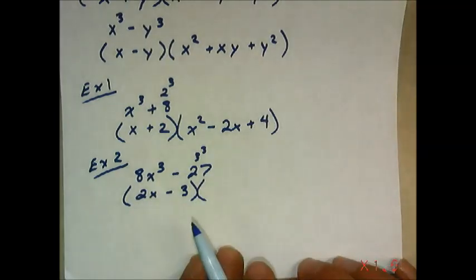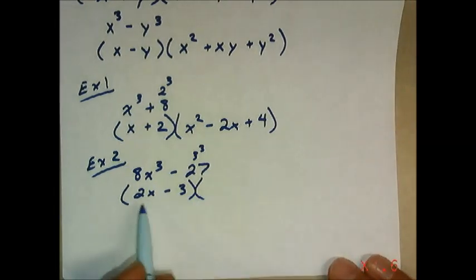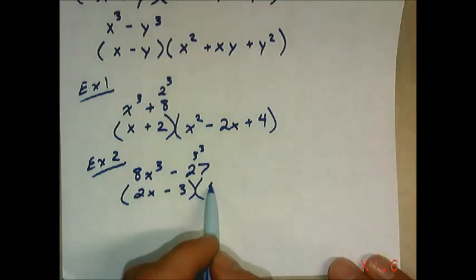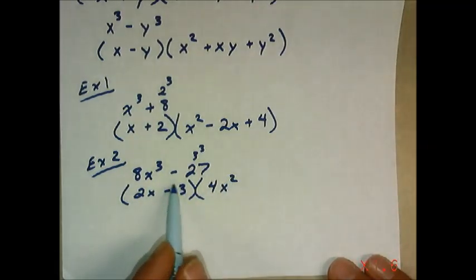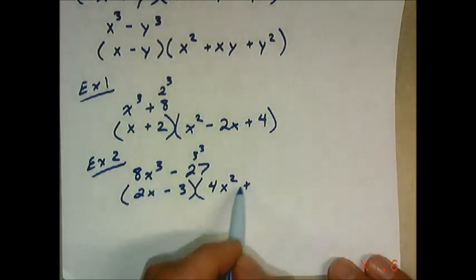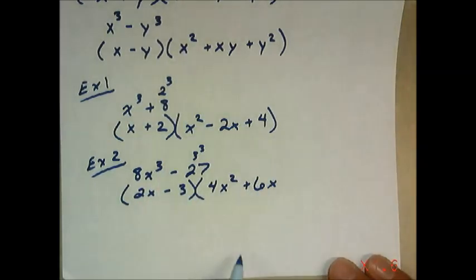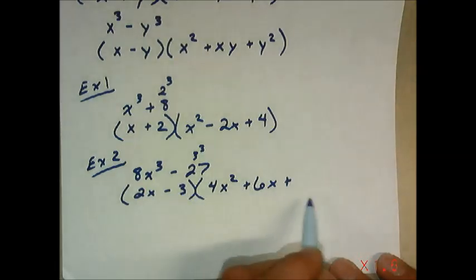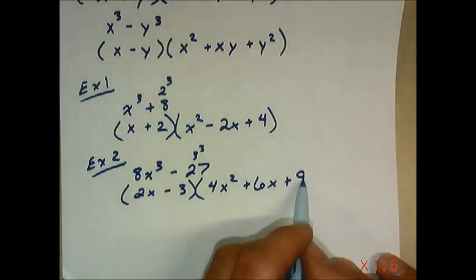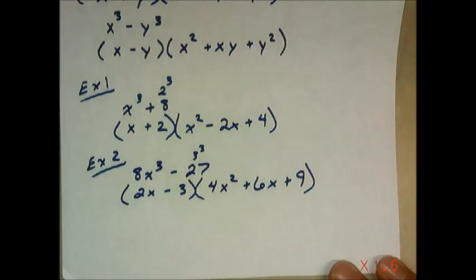There's our binomial. Our trinomial, based off of the binomial, we're going to multiply 2x to itself. 2x times 2x is 4x squared. We're going to multiply the two together and change the sign, so plus 6x. And finally, multiply the last one to itself. Negative 3 times negative 3 gives us positive 9. Again, this last trinomial will not factor for us.